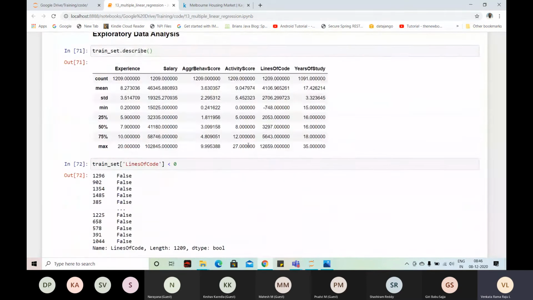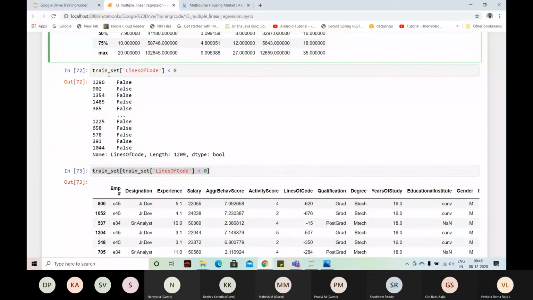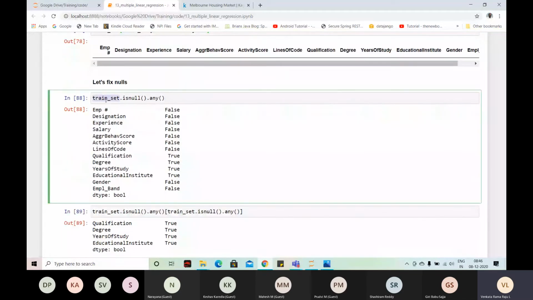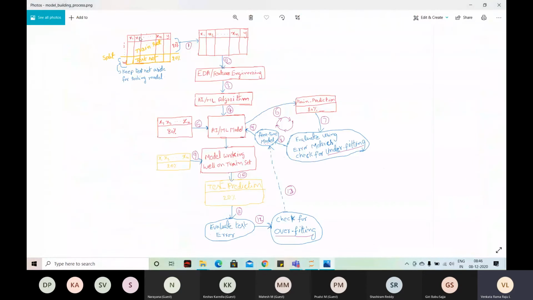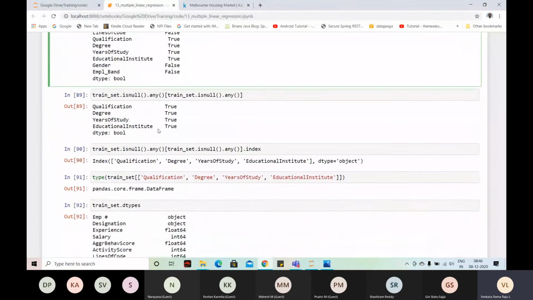I'm using only the train set here. Did you observe? Train set describe, train set null values, test set I am not touching. I took the train set and am doing the feature engineering or data curation. Then I'll build a model. Once everything is ready, I'll use the test set. So that point you need to remember.